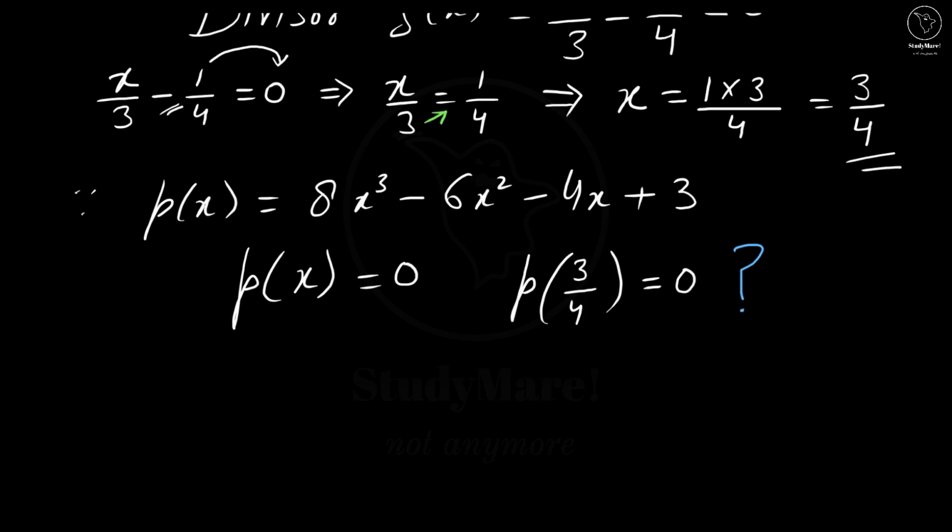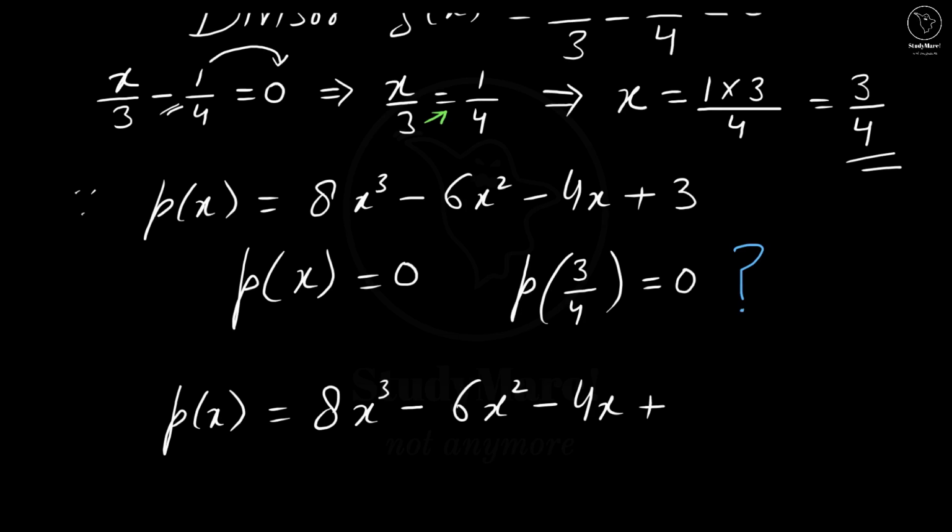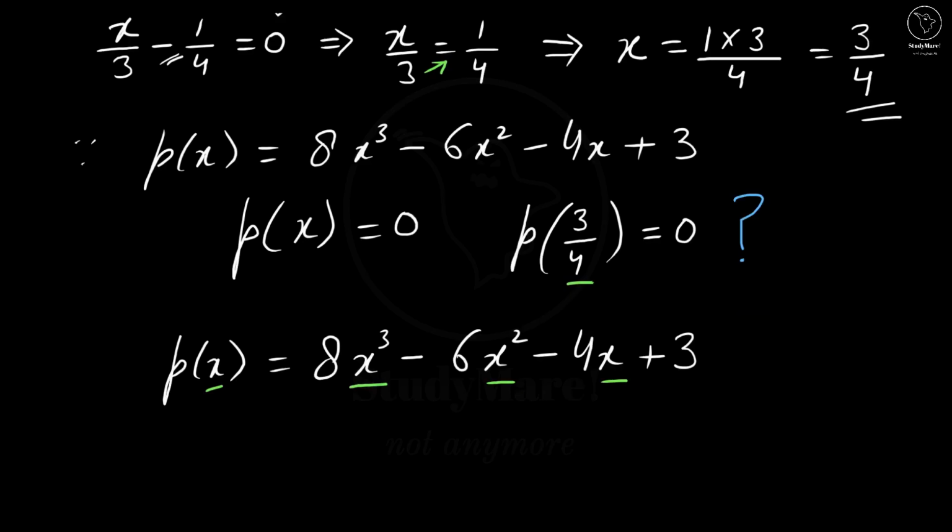How are we going to find out? p(x) is equal to 8x³ minus 6x² minus 4x plus 3. It's simple. Just substitute 3 by 4 in place of x.